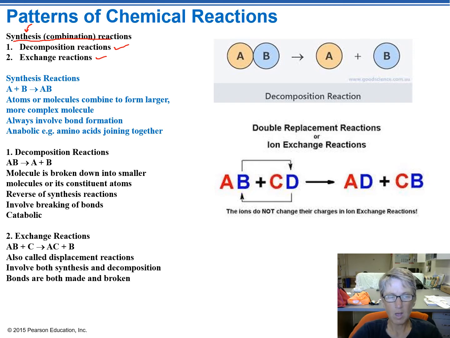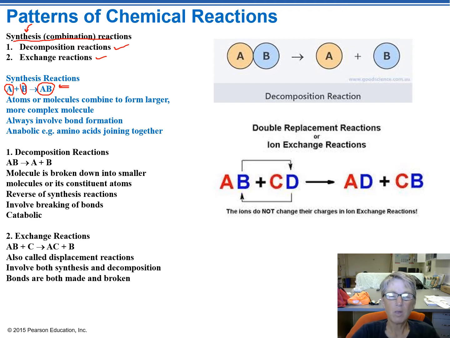Synthesis reactions take this basic form. On the reactant side you have reactant A plus reactant B go together to make product AB. So in a synthesis reaction, in general, atoms or molecules combine to form a larger, more complex molecule. That's AB.